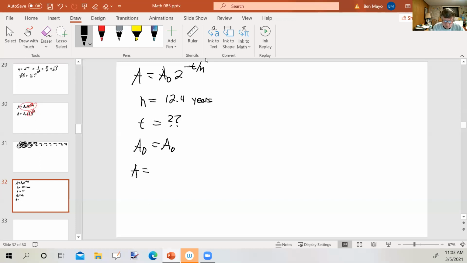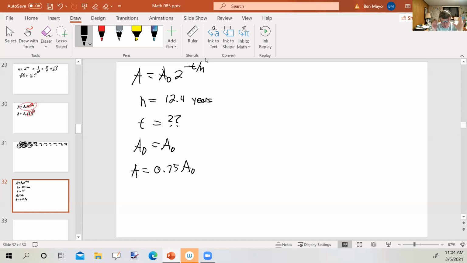Right. So A, the final amount, is going to be 75% or 0.75 A sub 0. The ending amount is 75% of the starting amount, because we lose 25%. So A does not equal 0.25 A sub 0, it equals 0.75.